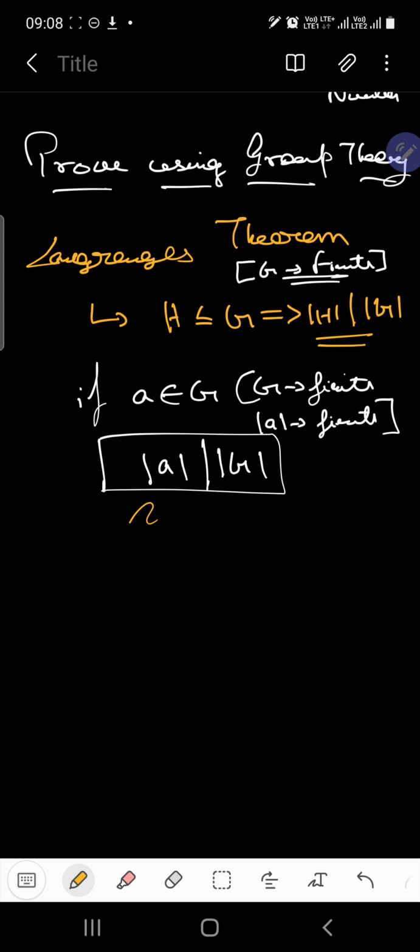We know that if H is the cyclic group generated by A, then the order of A is equal to the order of that cyclic group.